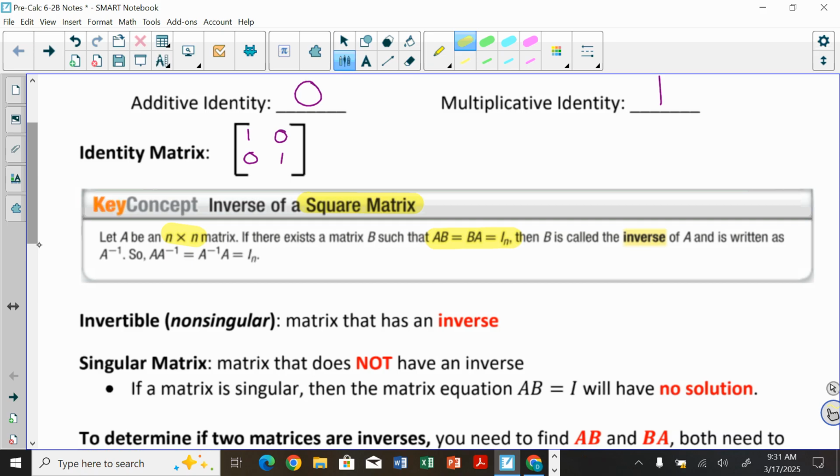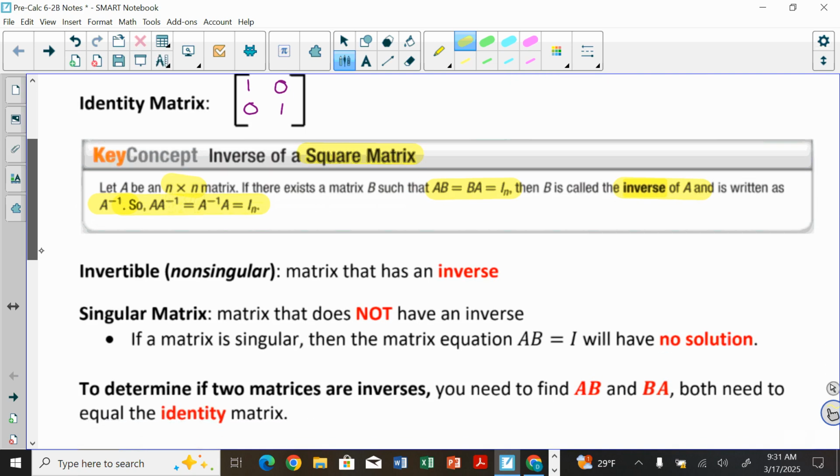If that's the case, then B is called the inverse of A and is written with A to the negative 1 power, the inverse of A. All of that just tells us that when you multiply them by each other, they're going to come up with the identity matrix. Okay, so let's do an example of that.